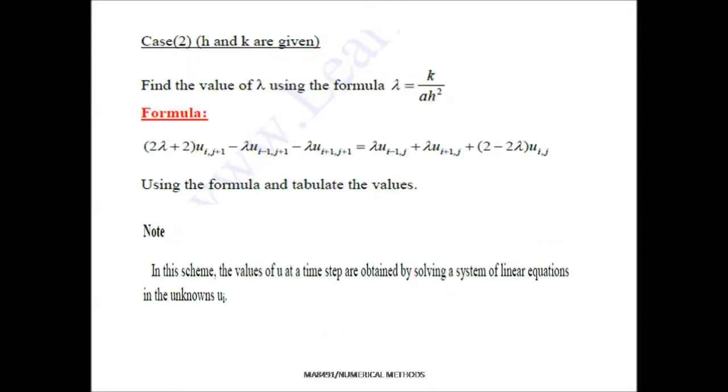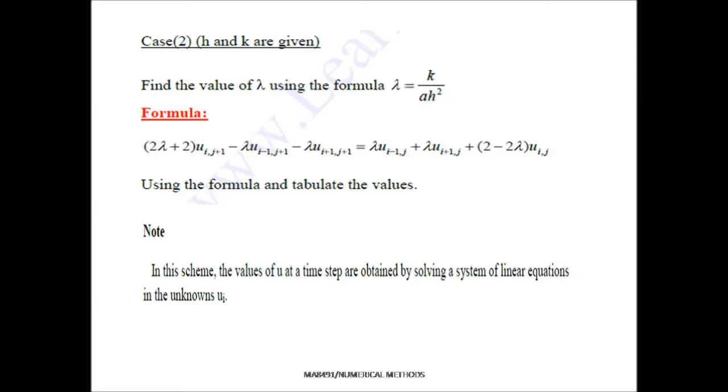Now case 2. For case 2, both k and h should be given. If both are given, then we find lambda using the formula lambda equal to k by a into h square, and use the formula given below to calculate our table values.